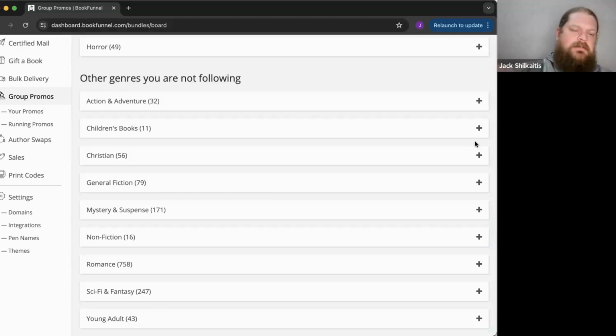Just check that box and include some extra details on how they can contribute. And again, like I said, even $1 a day is going to bring some extra traffic and it's going to benefit folks. You obviously have to consider the extra work involved as the organizer and taking that on. I totally understand that, but it can benefit everybody.